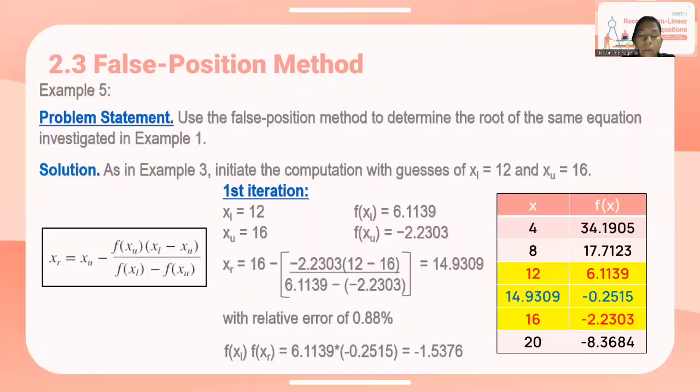The product of f(xl) and f(xr) is equal to 6.1139 times f(xr), which is equal to negative 0.2515. The product is now equal to negative 1.5376.